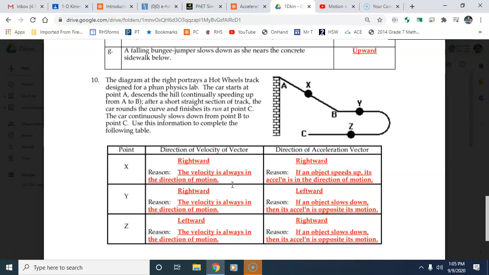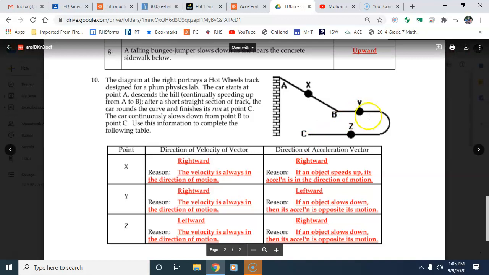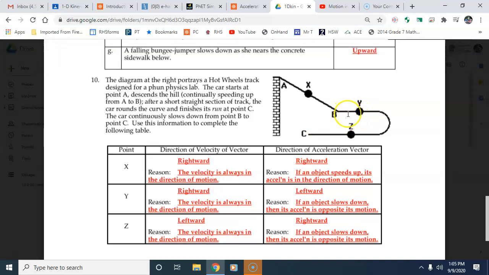At position Y, as I move around the track, if my laser pointer is the car, it would go around like that, right? So at position Y, my velocity is going which direction right here? Position Y, I'm going what direction, guys? Yes. Going to the right, and if I'm slowing down, because it told me that, acceleration would be to the left.